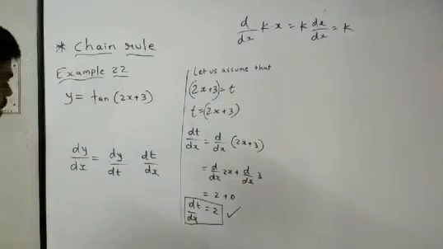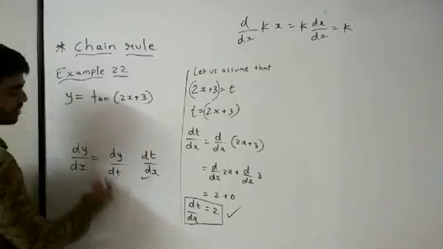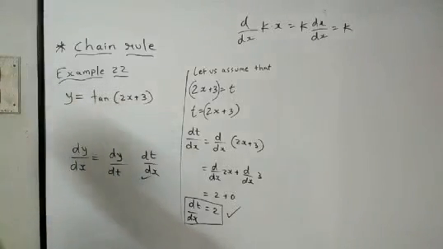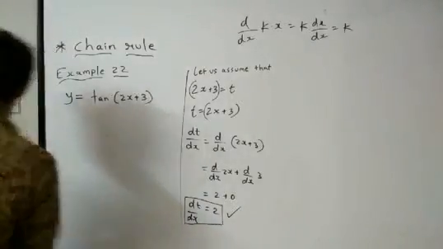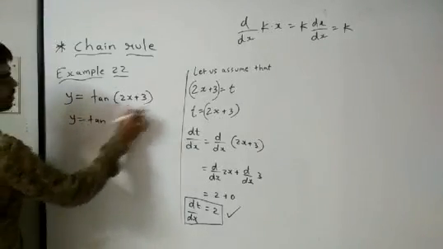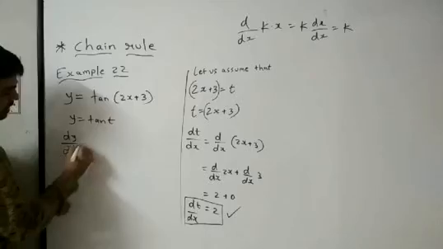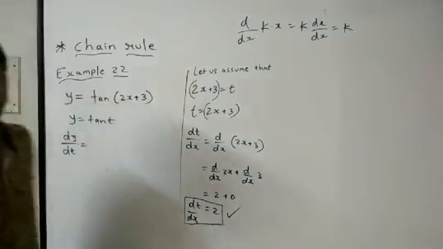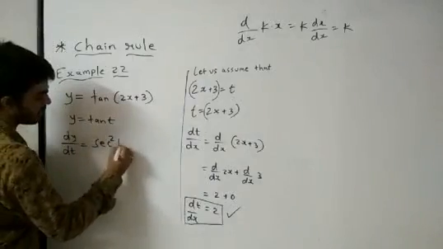Right. Now we want to find dy by dt. One thing we have found out, now dy by dt we want to find. Here y is equal to tan t, where 2x plus 3 is equal to t. The derivative of tan is sec square, so here it is sec square t.